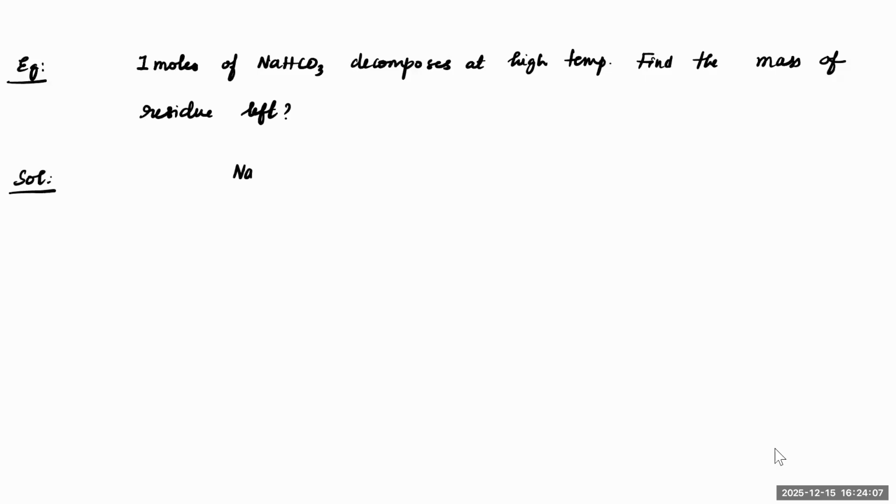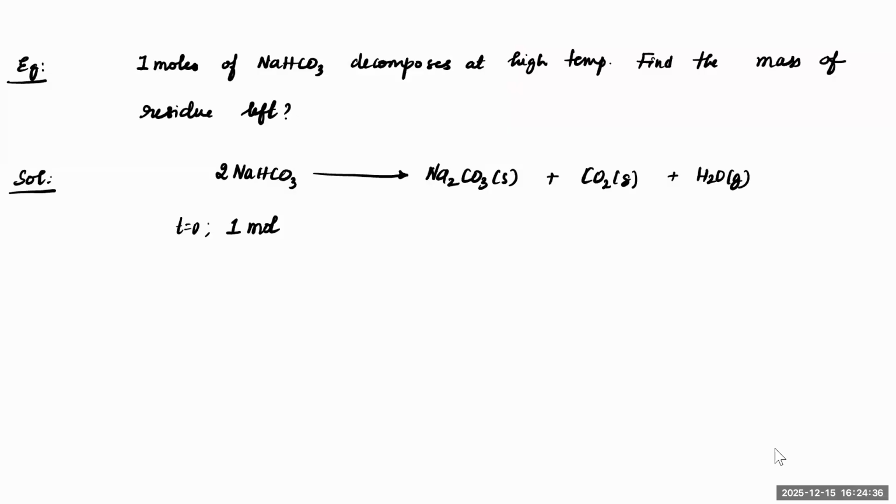You can take sodium bicarbonate, take 2 moles, heat it, you will get Na2CO3 solid, and you will get CO2 gas, and H2O also you take as gas. Why? He specifically mentioned high temperature, so that is also lost. So we have 1 mole of sodium bicarbonate before heating, and as you heat you will get this product.